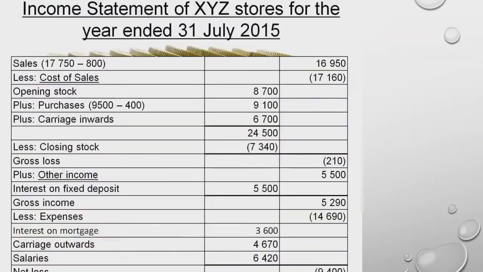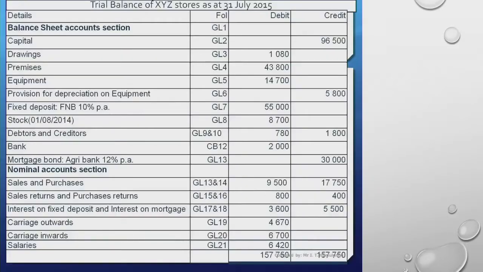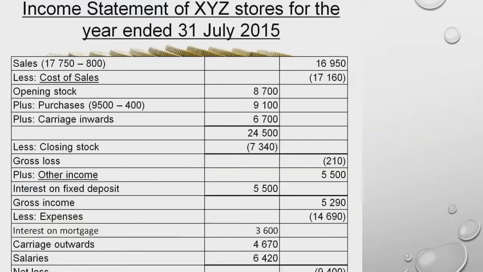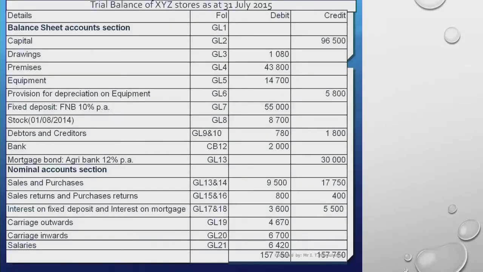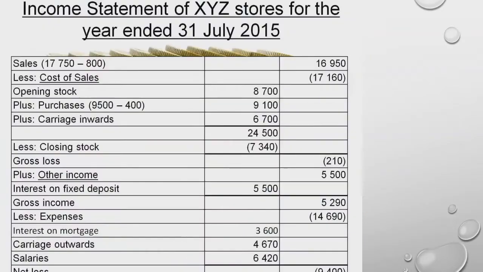Okay. Moving on. Opening stock. Where do you get that 8,700? It's from this trial balance. See, all the information is there. Purchases, minus purchases returns, carriage, whatever is there. Income, we have interest on fixed deposit. Let me see if I can get interest on fixed deposit. Of how much?